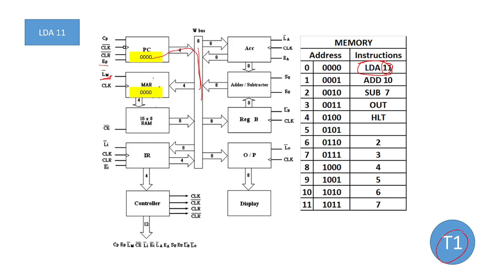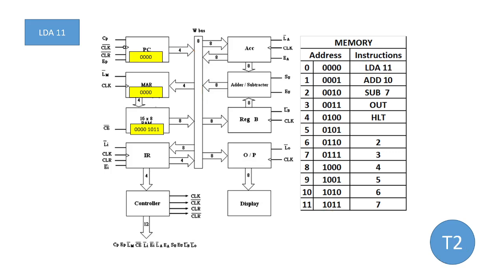So the MAR holds the address of the data. It points out to the next address or action of the data to be executed. As you can see here, 0000 and 1011, which is the address 11 here.